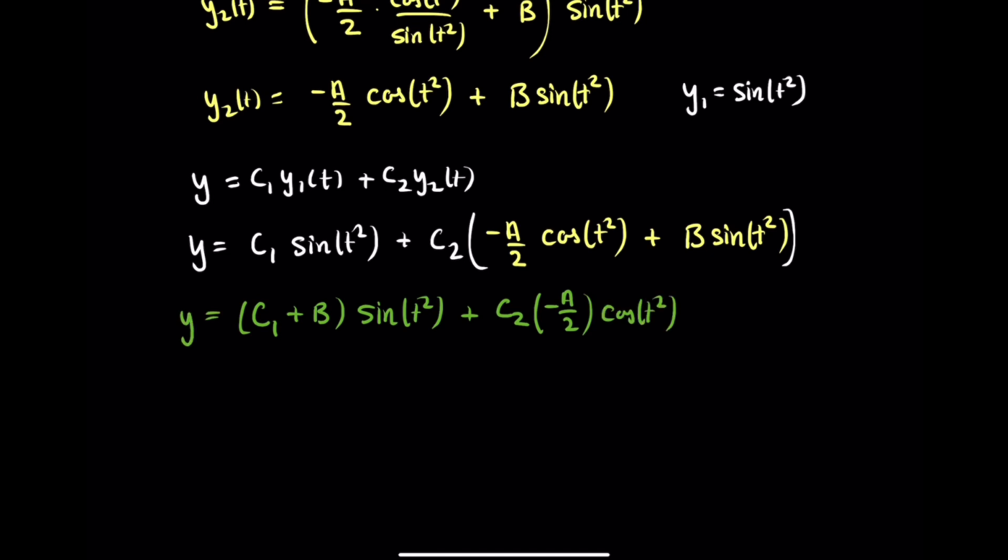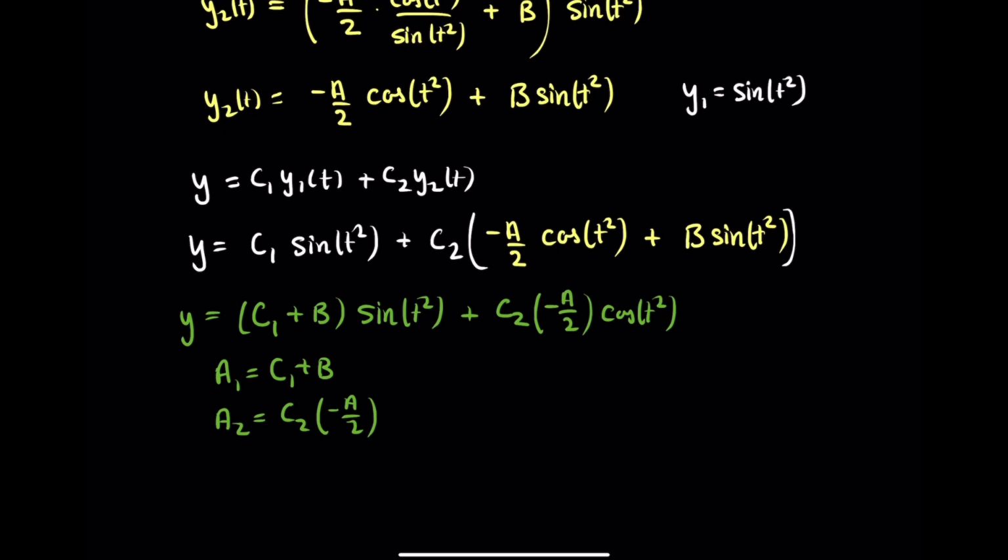But even this could be simplified. The first term here is a constant, and the second term here is also a constant. So we can say that A1 equals c1 plus b, and A2 equals c2 minus a over 2.